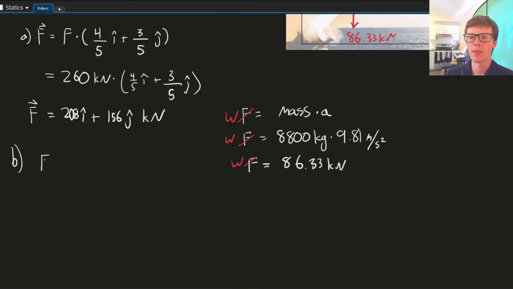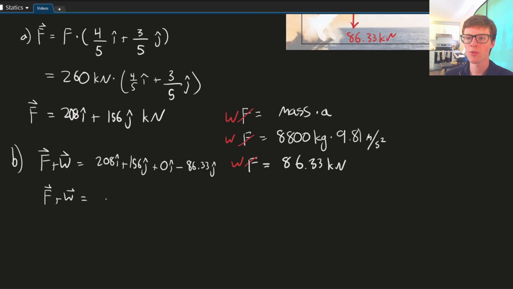So F plus W, we're going to use the same approach as above, is going to be equal to 208 I hat plus 156 J hat plus 0 I hat, because it's completely in the vertical direction, minus 86.33 J hat.